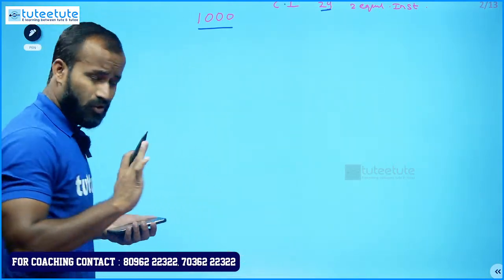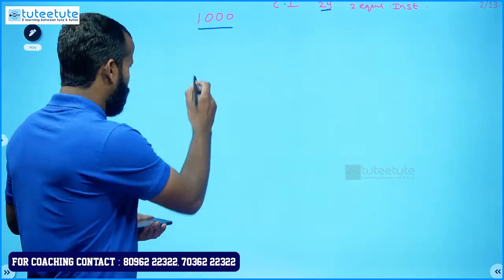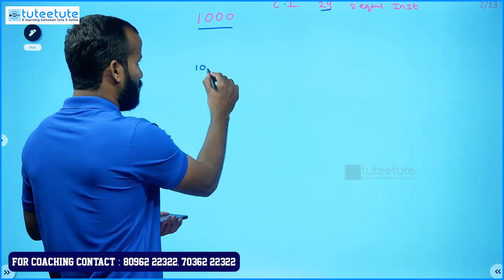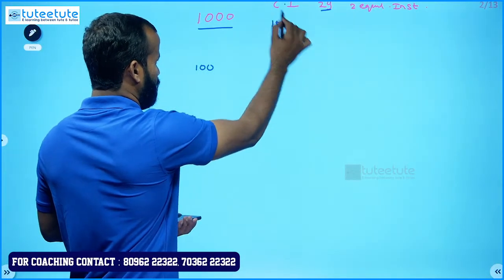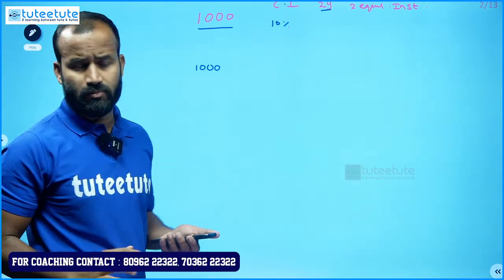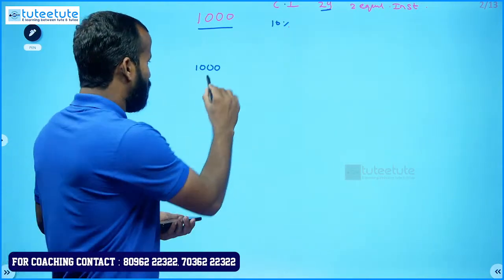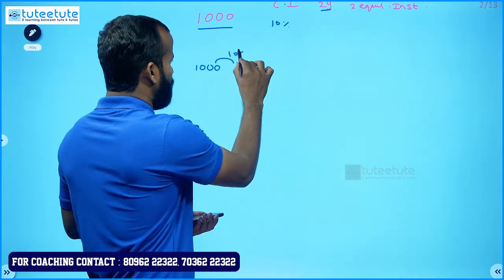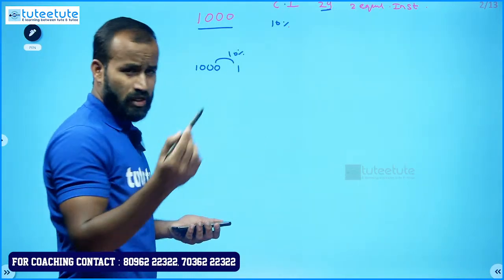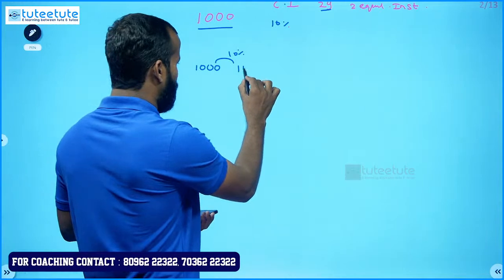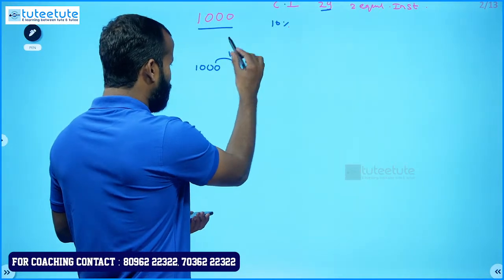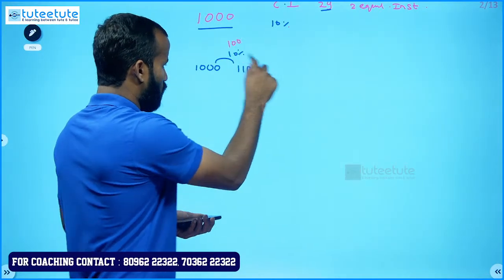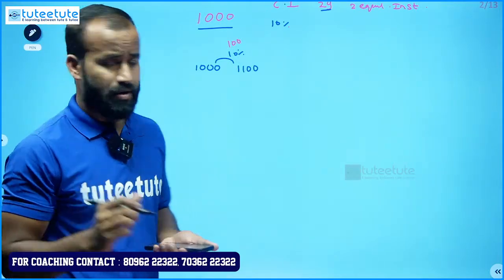First we will discuss what compound interest is. 1000 rupees is there, and let's take the rate of interest as 10%. First year, 10% of 1000 is 100, so the interest will be 100 and the total amount after 1 year will be 1100.